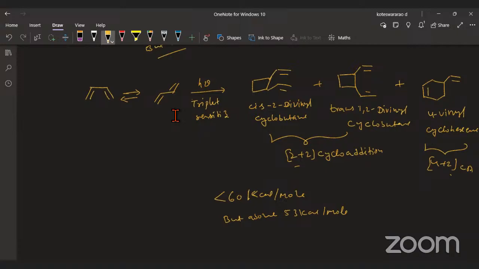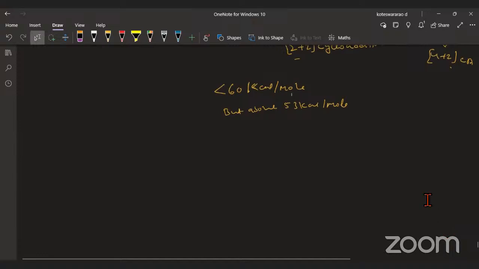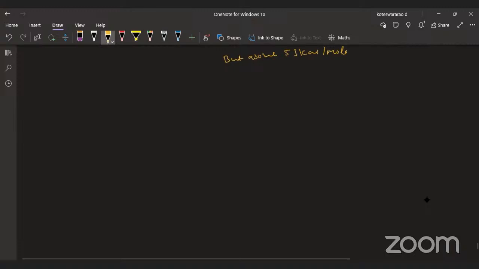Then the amount of 4-vinylcyclohexene will increase gradually in this energy region. To see the clear difference at different triplet energy sensitizers, suppose I take different sensitizers. What are the ratios of the products?